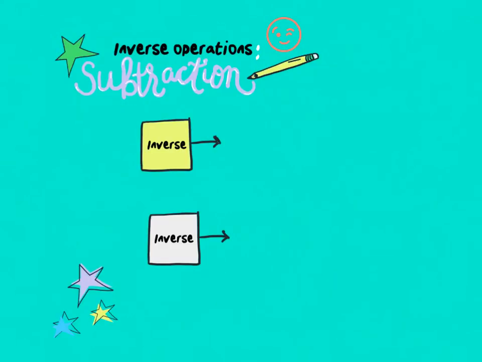All right, so with subtraction, let's do something like this. 17 minus 10, okay? So 17 minus 10 is equal to 7. So if we inverse the operation or flipped these two numbers, that would be 10 minus 17.